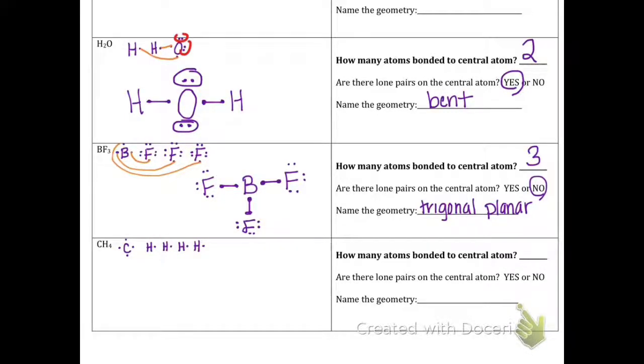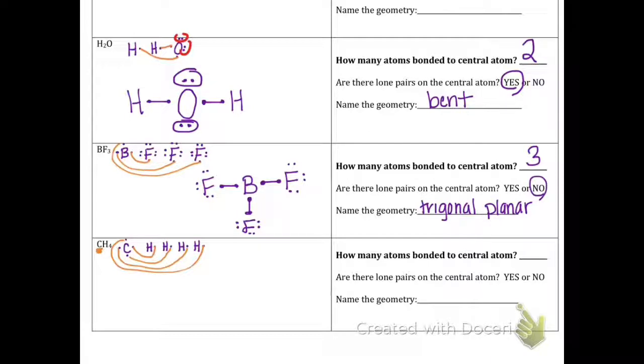Next, we have CH4, carbon with 4 valence electrons, hydrogen each having 1. So then if I were to make some friends here, there's only 1 carbon, right? So everything's going to attach to my carbon. So it's going to go here, here, here, and here.